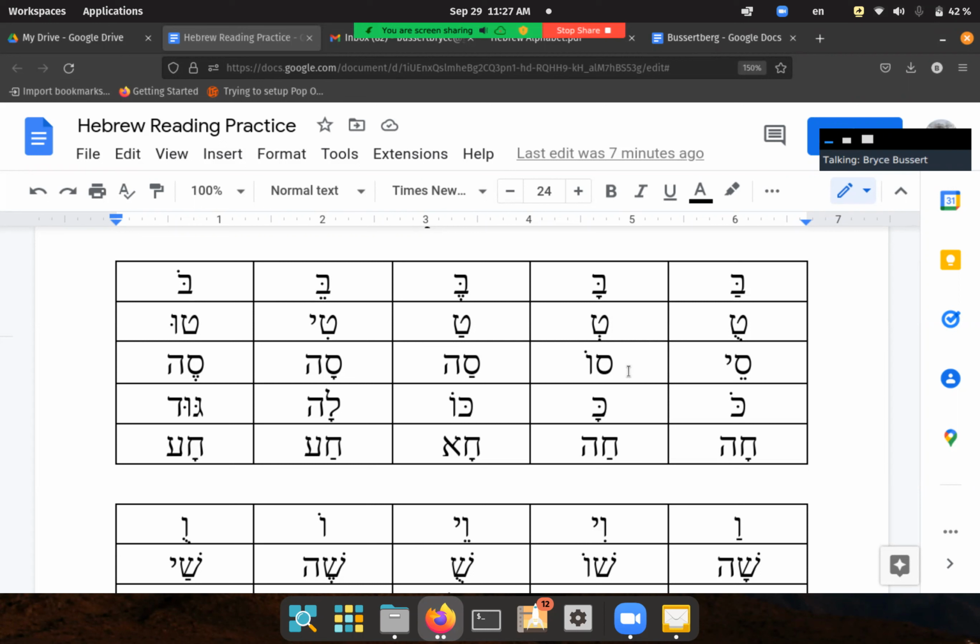Okay. Now, this is a little bit of a formatting discrepancy at present, that the dot, the dagesh, should be really directly over this vav. I'm working on that. So that is so. Then we have sa, followed by another sa.